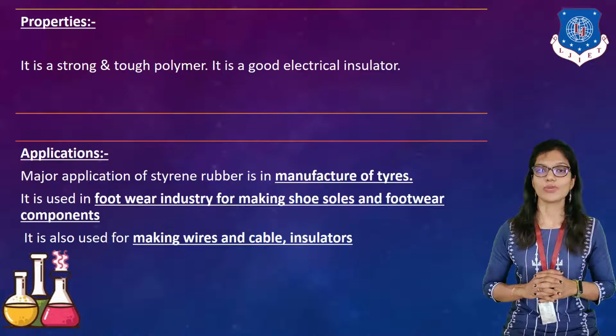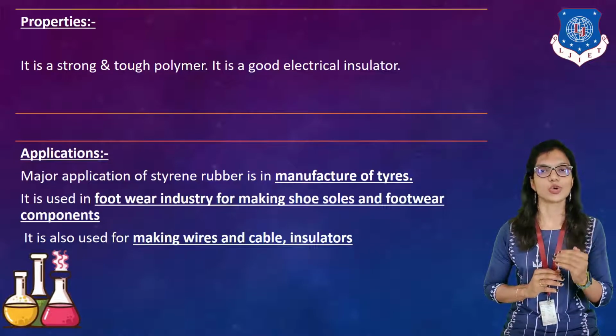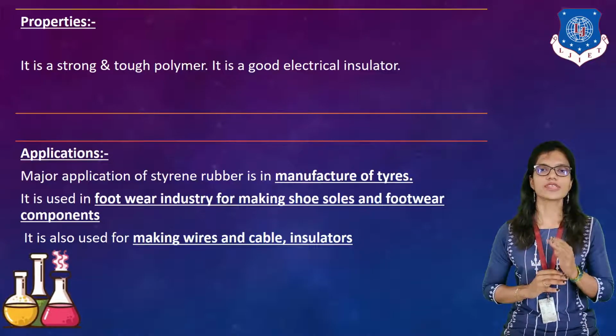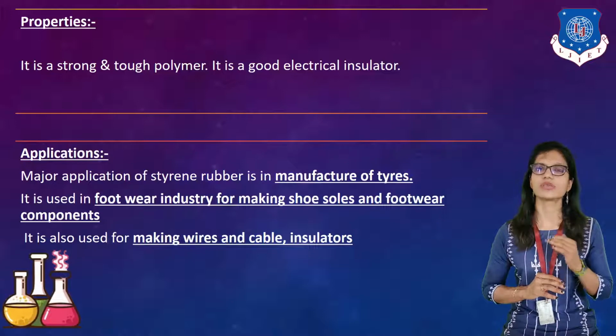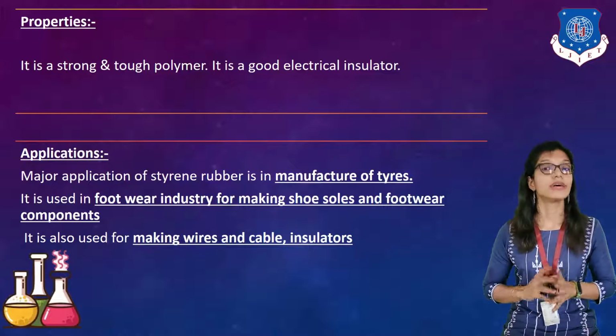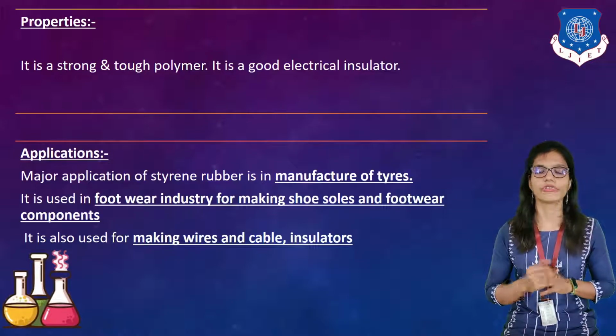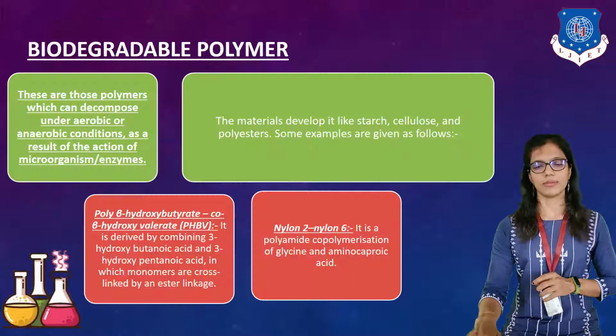It can even be used to manufacture insulators. Because of such very good properties, they are widely used nowadays. That means we use less vulcanized rubber, but we actually use a very high amount of such synthetic rubbers.